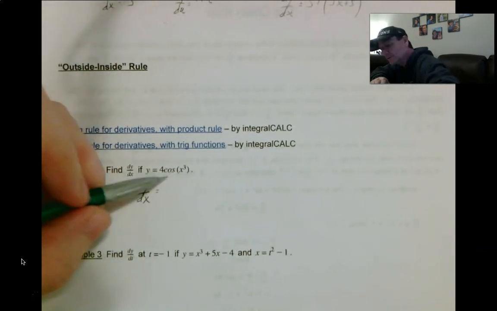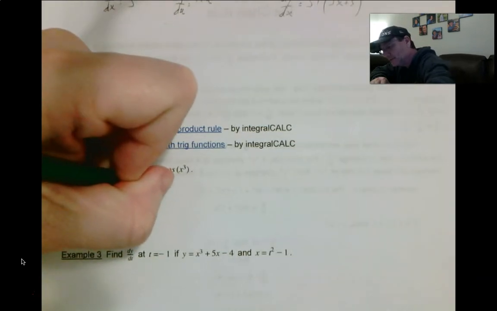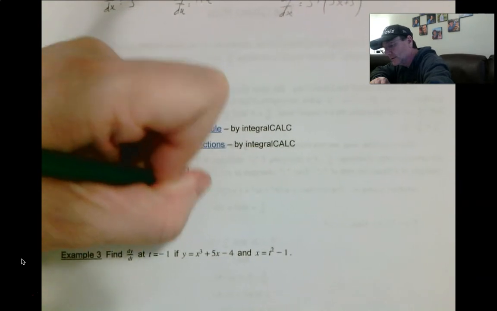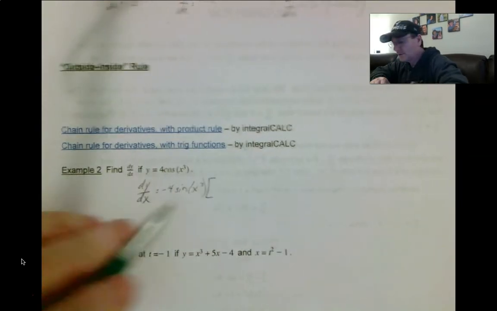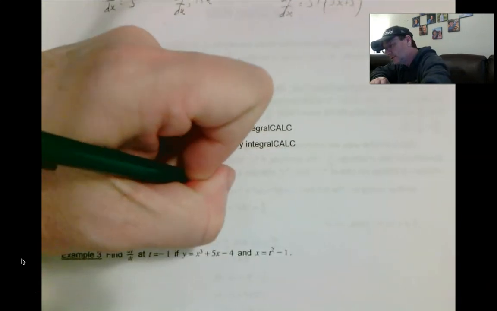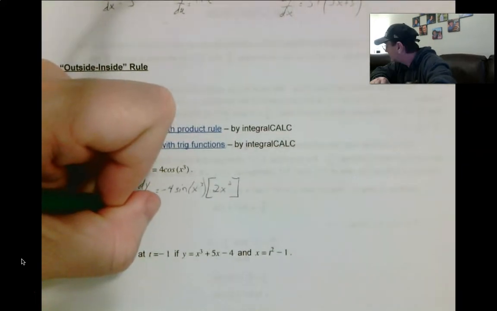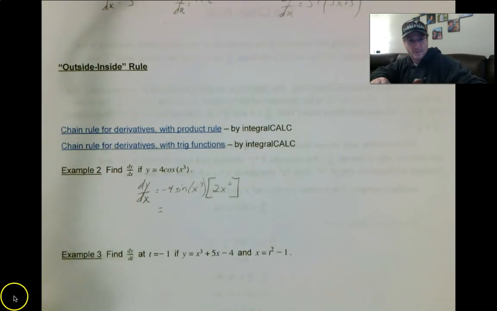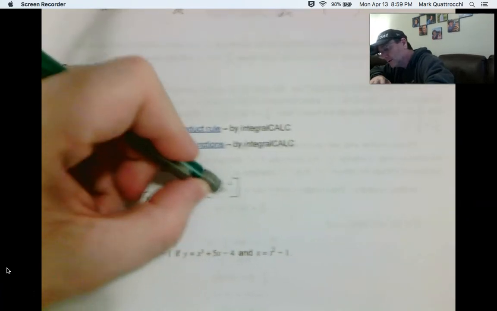Well, the derivative of cosine, we know from section 3.5, is negative sine. So minus sine x cubed times the derivative of the inner function. What's the derivative of x cubed? 2x squared, sorry, 3x squared.